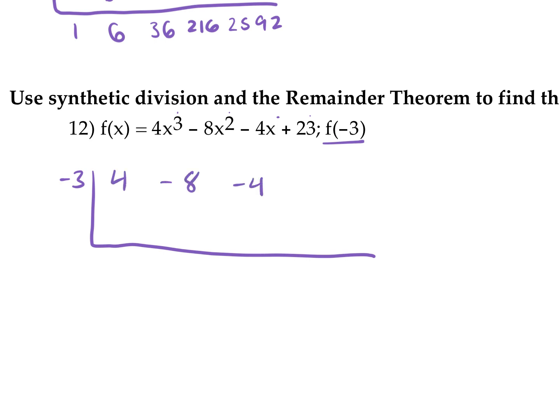So I have 4, negative 8, negative 4, and 23. Drop down the 4, negative 12, add, we get negative 20, multiply, this becomes positive 60, add, 56, multiply 56 times negative 3.